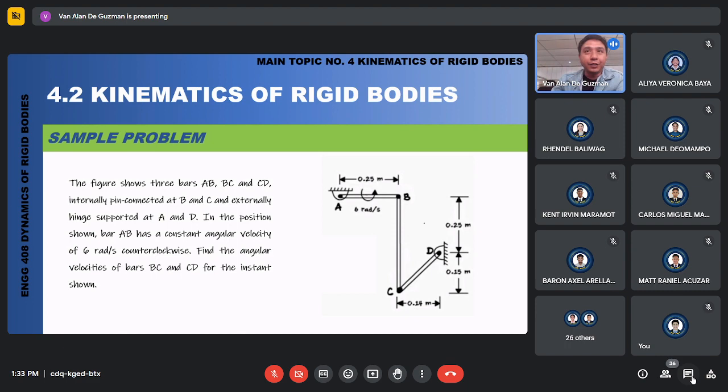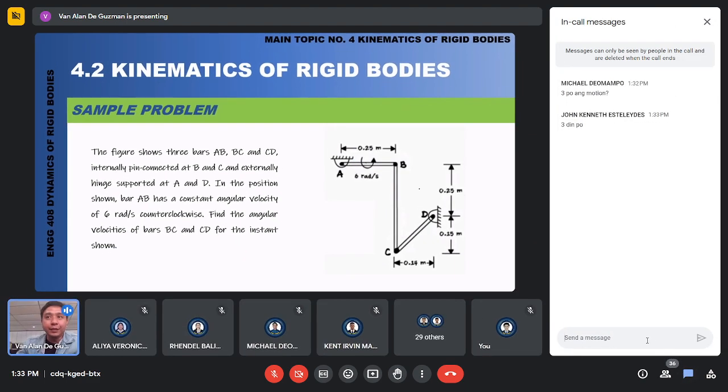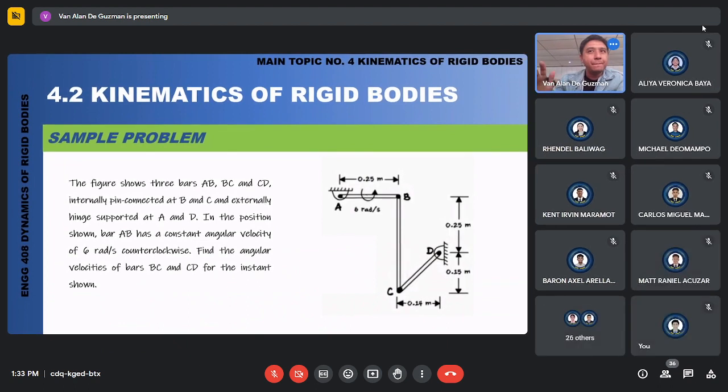Again, please type your answers para malaman ko kung naiintindihan nyo mag-visualize ng ganitong klaseng figure. Okay. Sige, ganito. So, na tatlo yung ating motion.